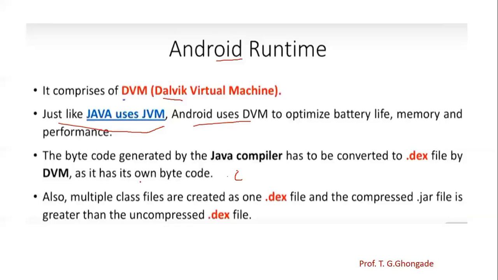It is the bytecode file that is read by the DVM, the Dalvik Virtual Machine. Also, multiple class files are created as one .dex file, and the compressed .jar file is greater than the uncompressed .dex file.